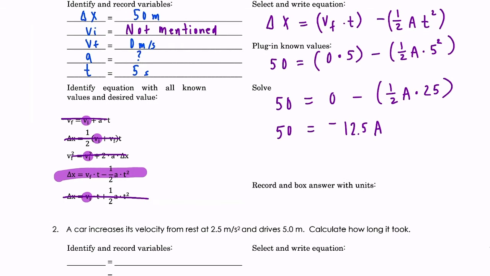Since we're solving for a, we want to isolate it. To do that, we need to get rid of the negative 12.5. Since negative 12.5 and a are being multiplied together right now, to move the 12.5 to the other side, we need to do the opposite of multiplication, which is division.